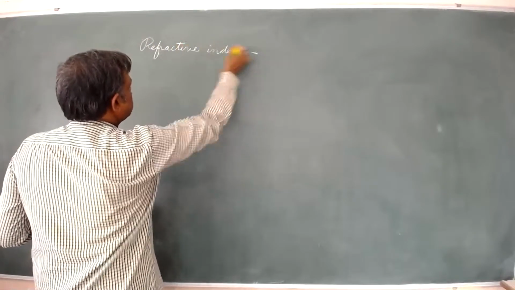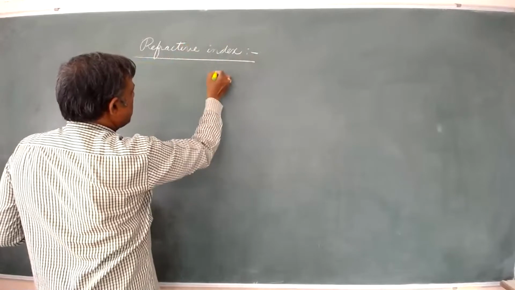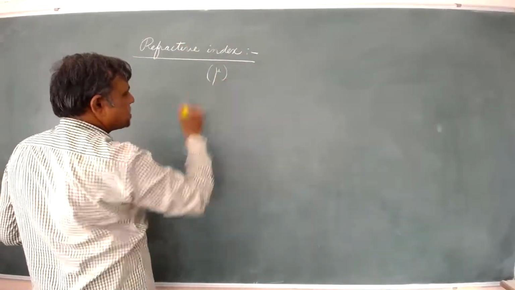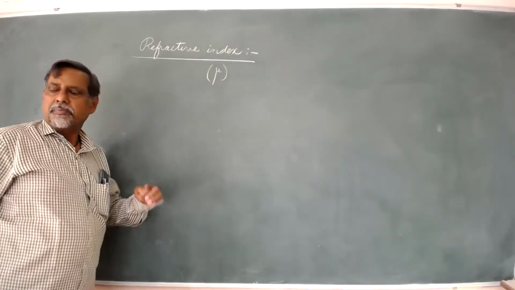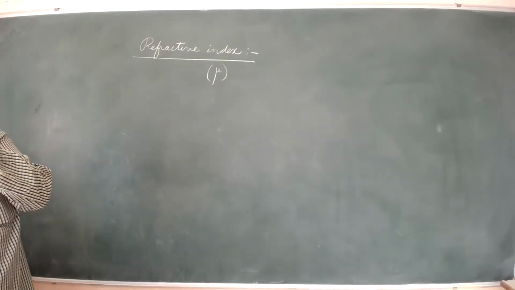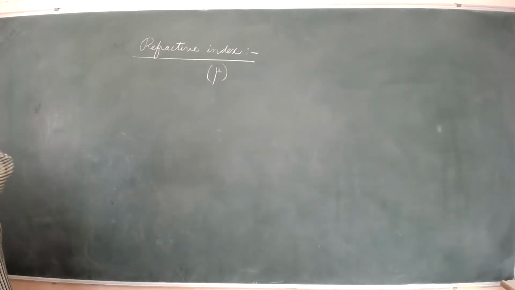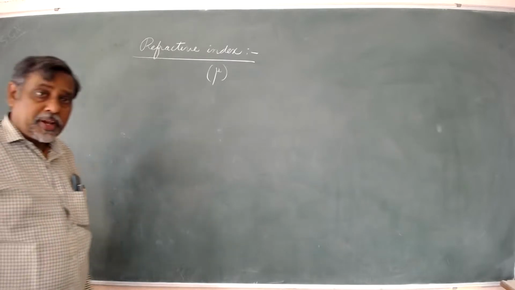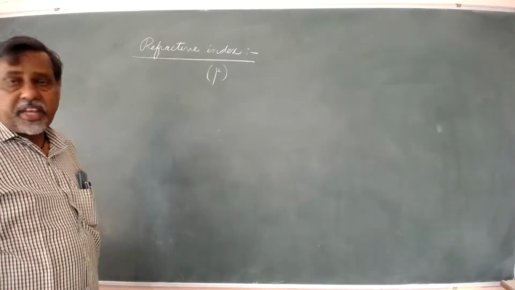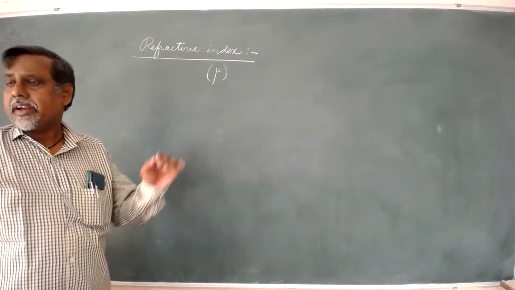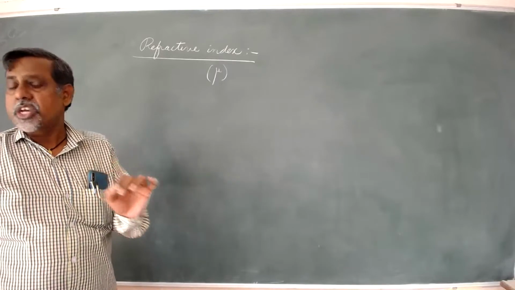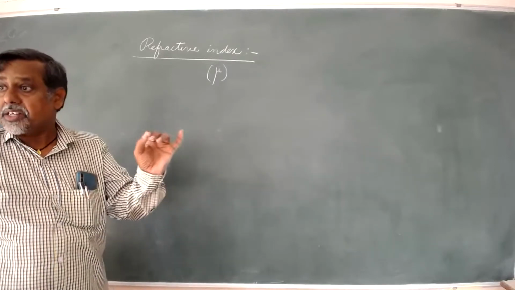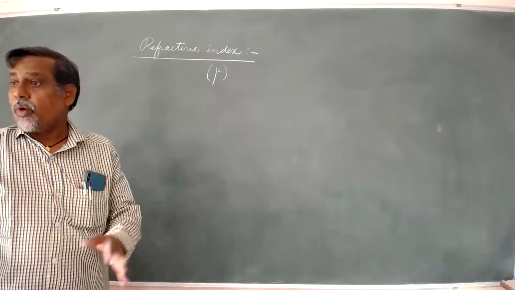The symbolic representation of the refractive index is mu. So what do you mean by refractive index? That is the characteristic property by which a light ray bends during refraction.